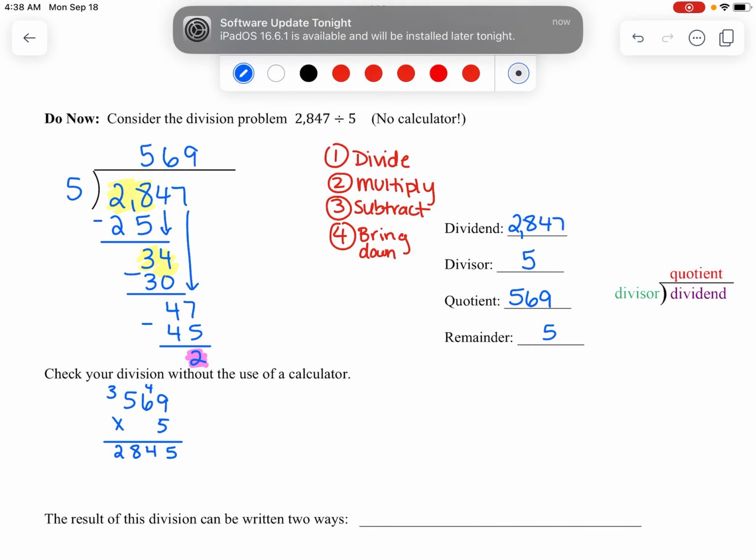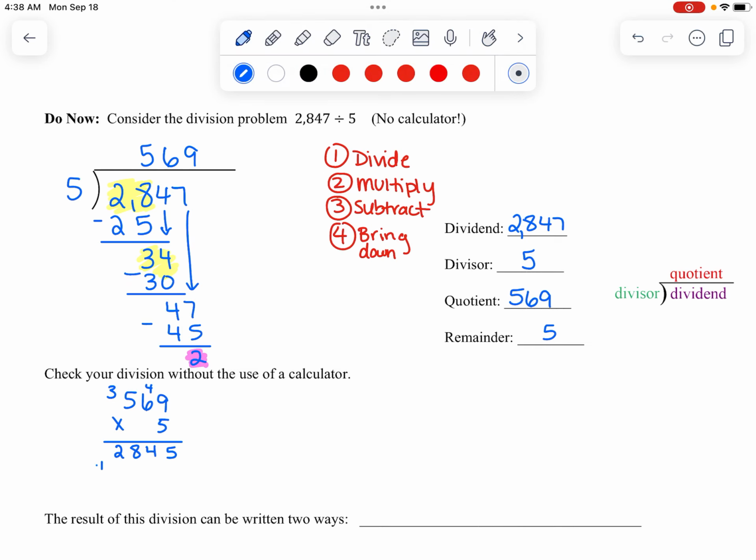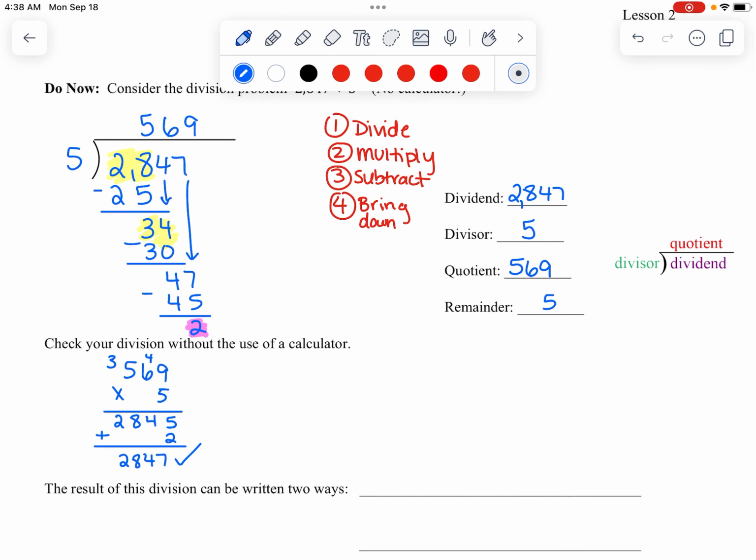And the way I bring that back is to add it to this number. So now do I get the original number I divided into? I do. I get the 2,847. So we can check our division through multiplication, and if we have a remainder, we add it back before our final step in our check.